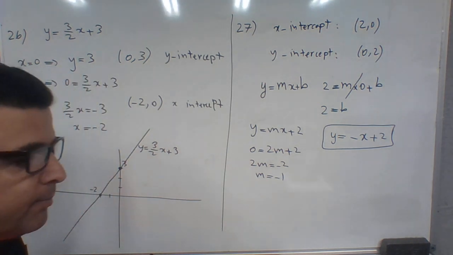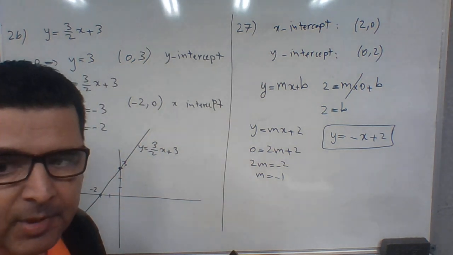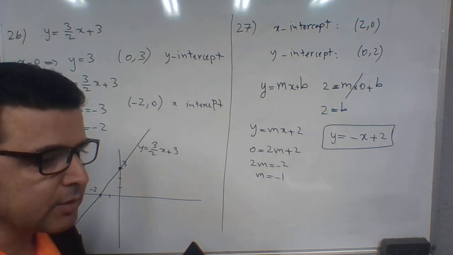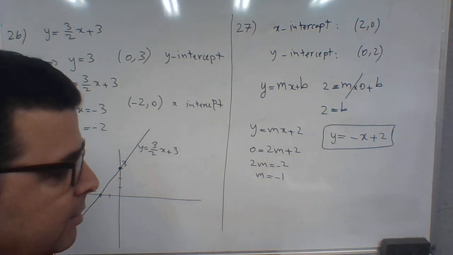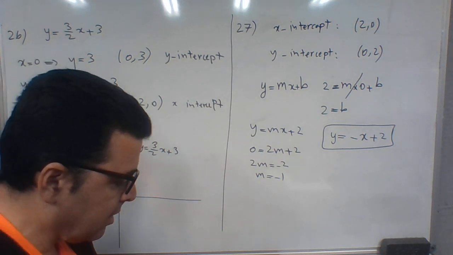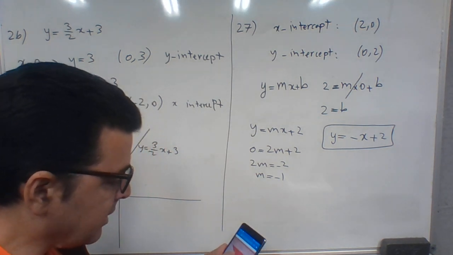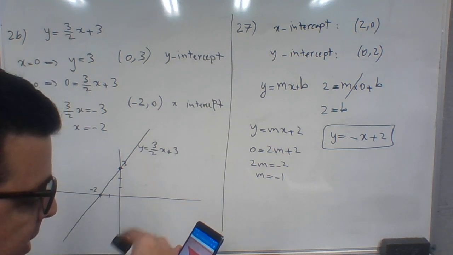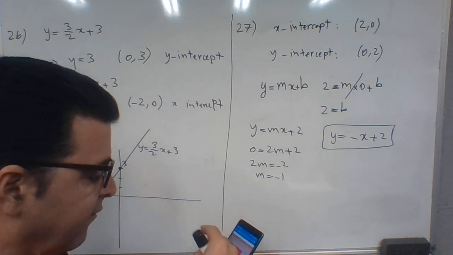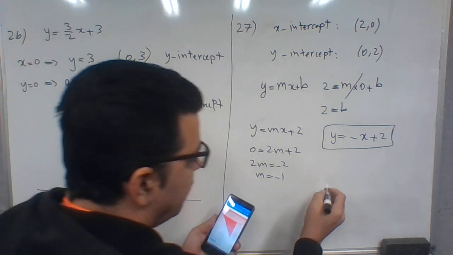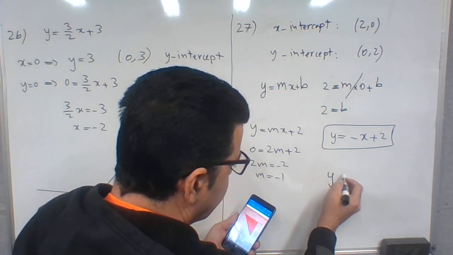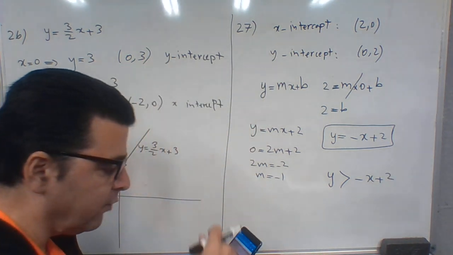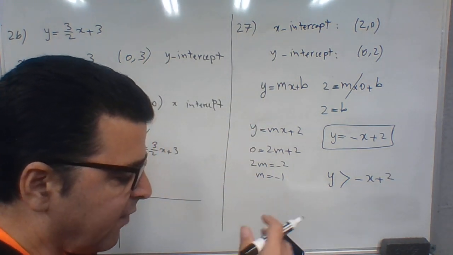Because of the continuity of the plane, one side must be the answer and the other side must not be. We see that the red shaded part is for bigger y's. So we are looking for y greater than negative x plus 2, because it is toward the higher y's.